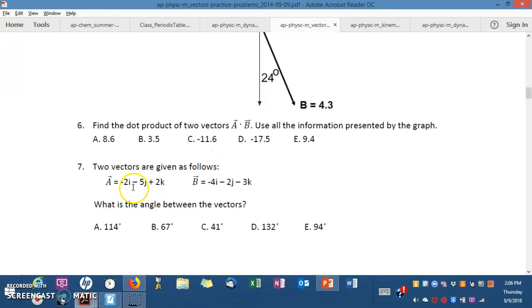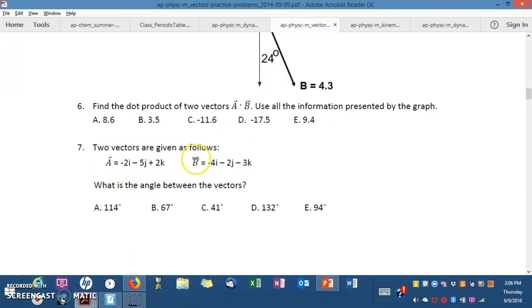Okay. Then for the 7, you have two vectors given in this form. And remember, i, j, and k are the versors of your vector. So this minus 2 is on the i, so it's multiplied by the versor i, which means it's the vector of unitary magnitude along x. So this minus 2 means that this component is along x in the negative direction, because you have the negative there.